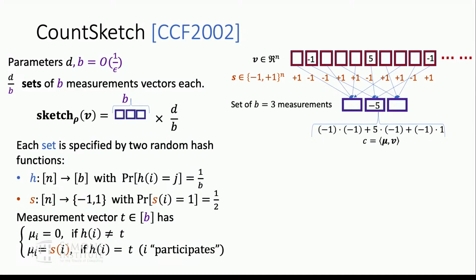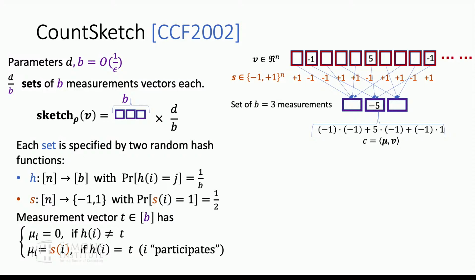Then there is another hash function that assigns a random sign. This can also be presented in the form of a vector. Each bucket gets the sum of all the entries that map to it, multiplied by the random sign. So this can be presented as an inner product.